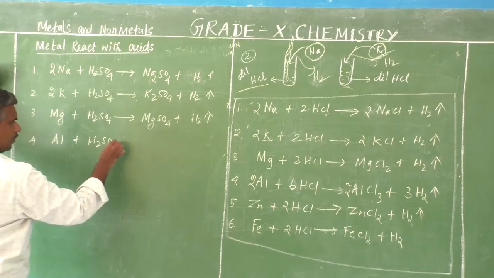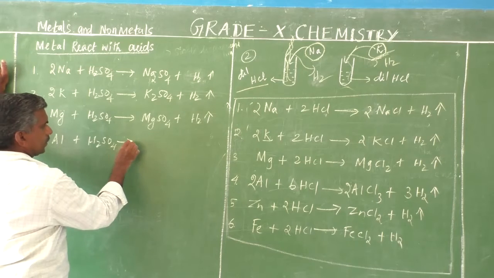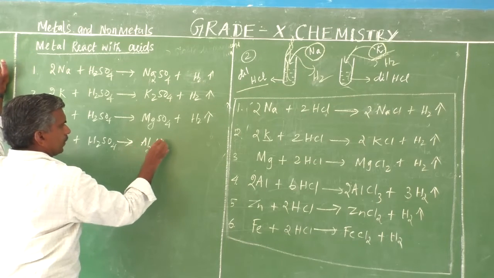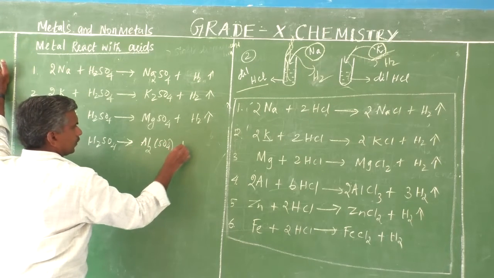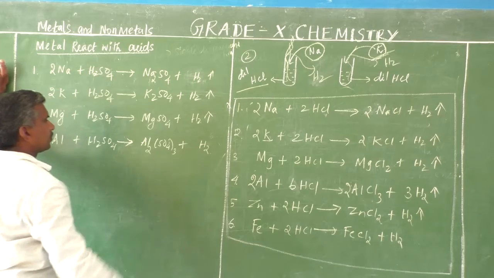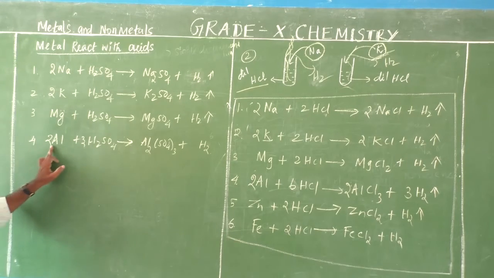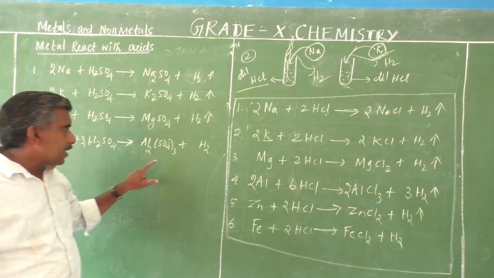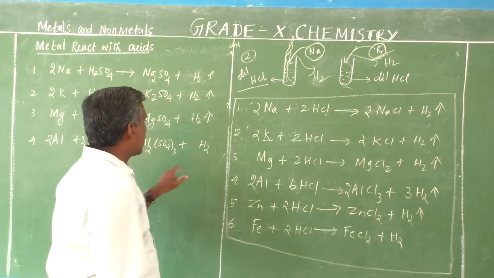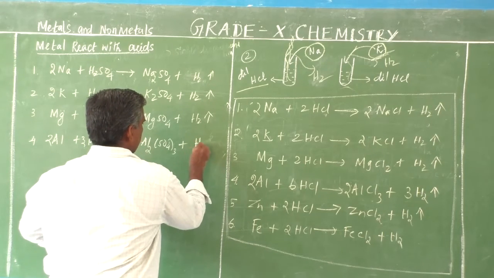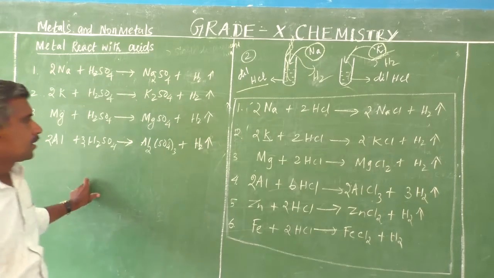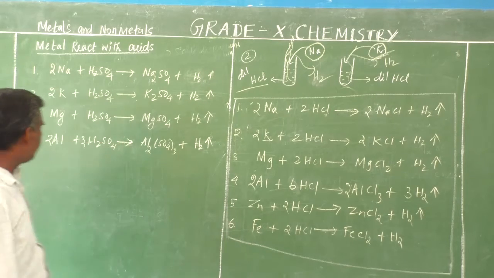Aluminum reacts with sulfuric acid to form aluminum sulfate plus hydrogen gas, which is evolved. Then zinc.